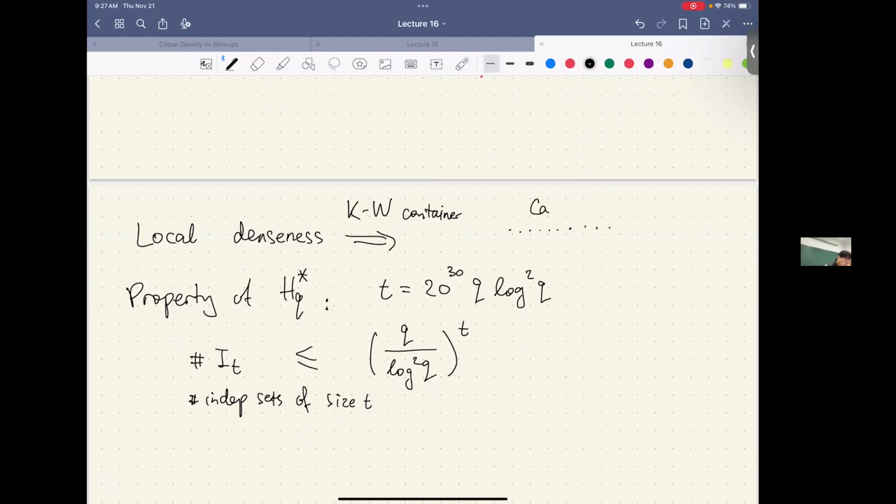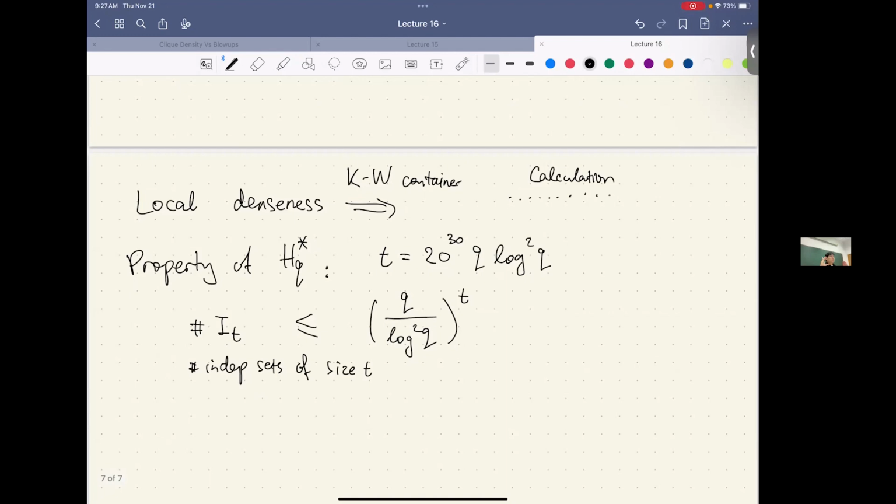For this calculation, I will refer to the paper. Some calculations, so I will skip this part. It's pure calculation, not very interesting. So we can bound the number of independent sets of size T through this container method. How do we do random sampling?